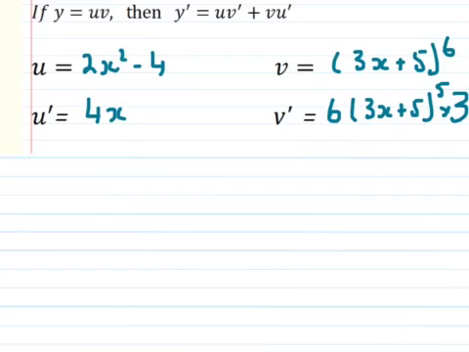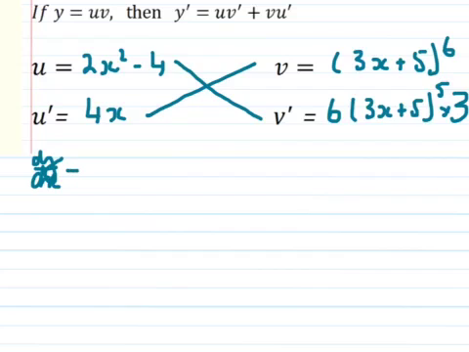So, as the pattern says, we need to do uv dash plus vu dash. So it's a cross multiplication, isn't it? So dy dx will equal uv dash. Okay, so it's in brackets 2x squared minus 4, close brackets, in brackets. Now here we've got 6 times 3 is 18.